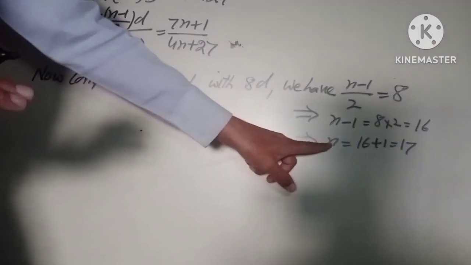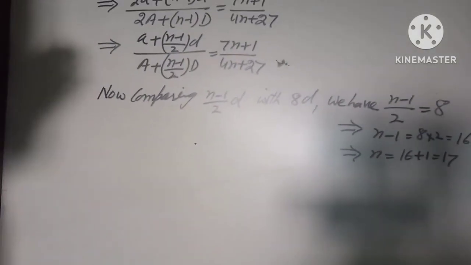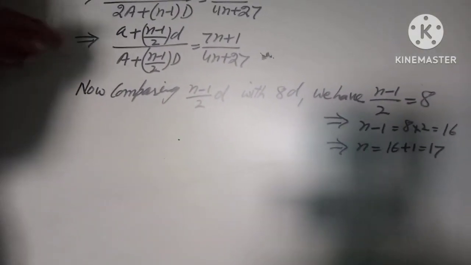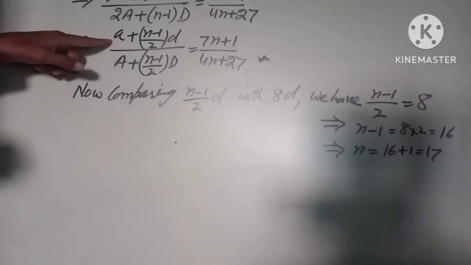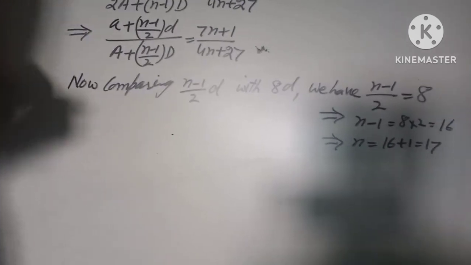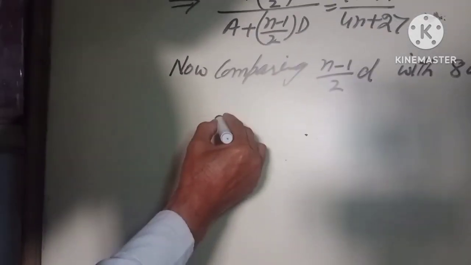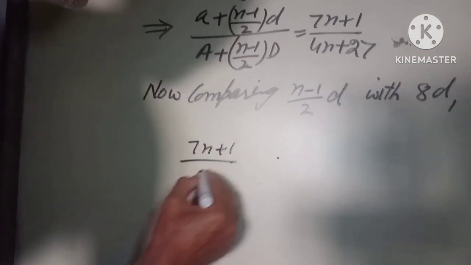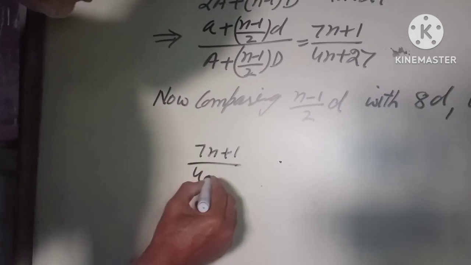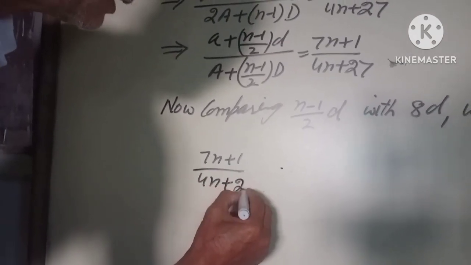Now the value of n can be put. Just be careful while putting the value of n. When you put the value of n, you have 7n plus 1 upon 4n plus 27.